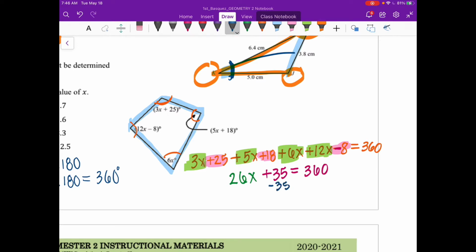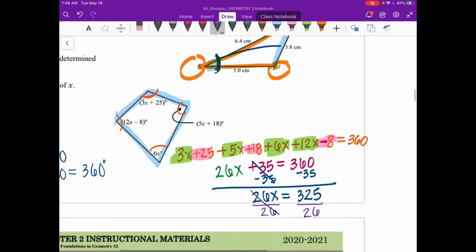I'll subtract 35 from both sides. We get 26x equals 325, and my last step here is to divide both sides by 26 so that I isolate the variable, and x comes out to 12.5 in this case.